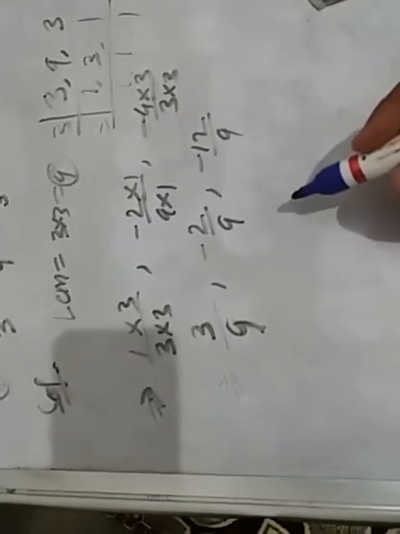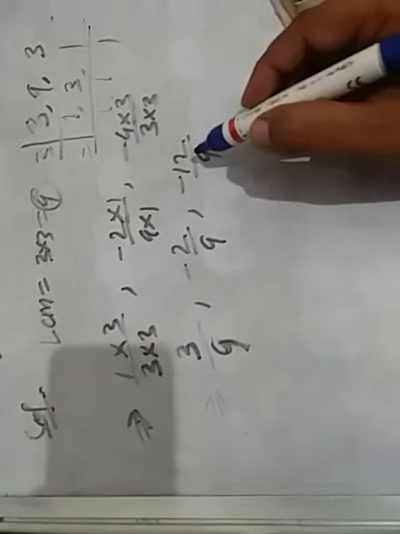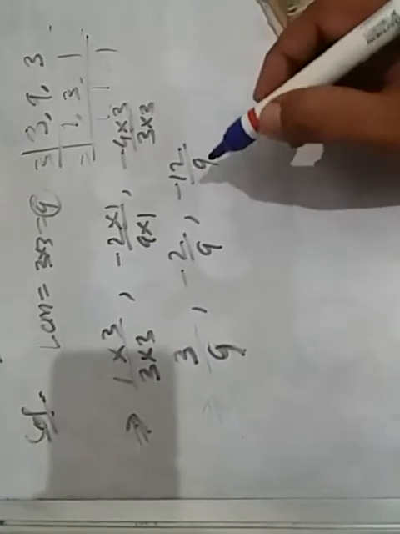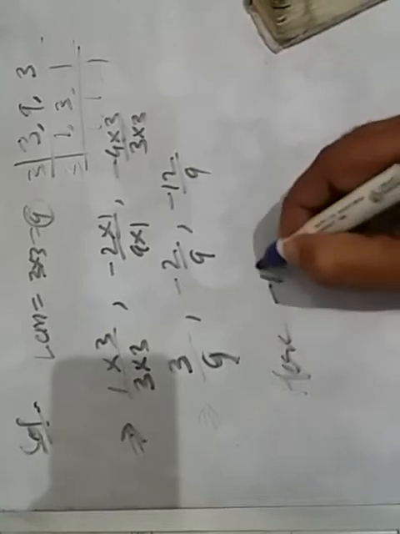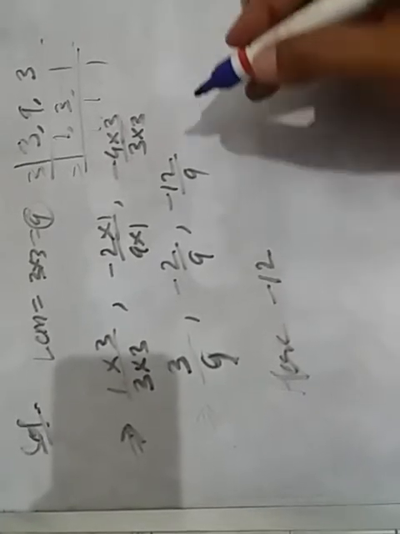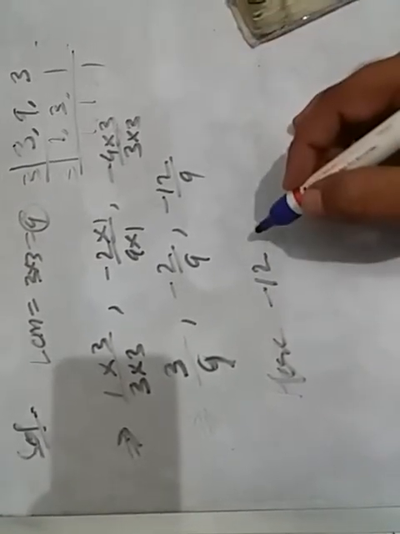Okay children, now all the three rational numbers are like rational numbers. Clear? So now we compare all the three numerators. See which is the smallest number. Minus 12 is the smallest number, because it is at the remotest place from 0.